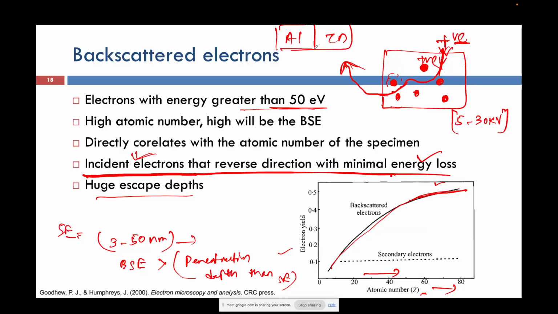If I want to see which one is the aluminum area and which one is the zinc area, I will use backscattered electrons. Since more backscattered electrons come out from zinc compared to aluminum, zinc will look brighter and aluminum will look a little darker. So I will be clearly able to see which one is which.